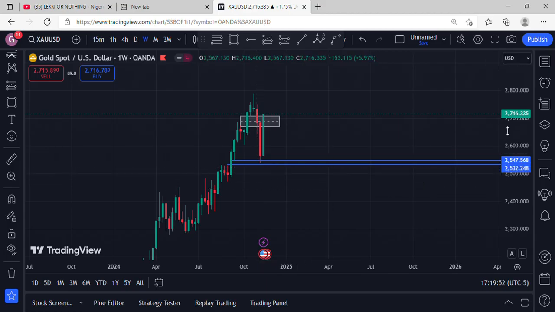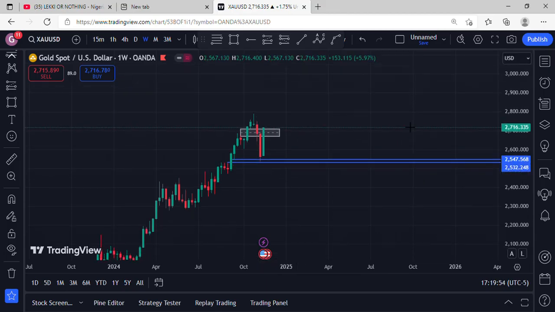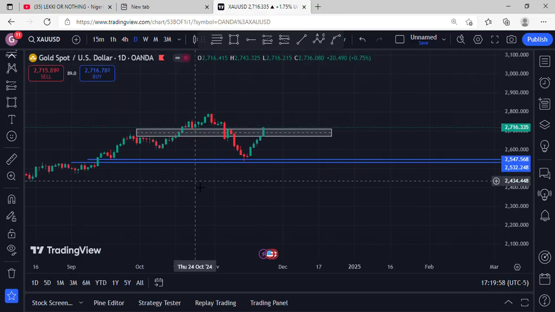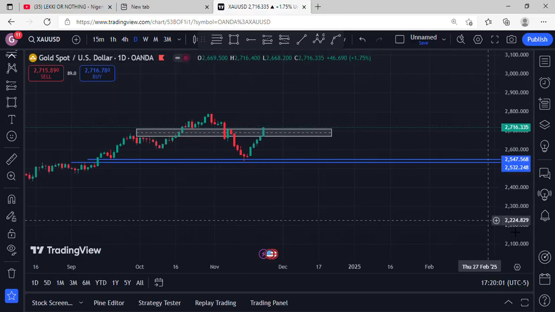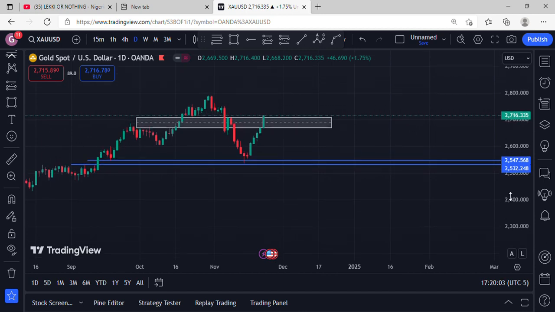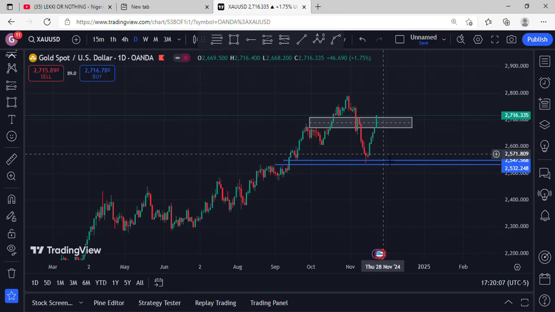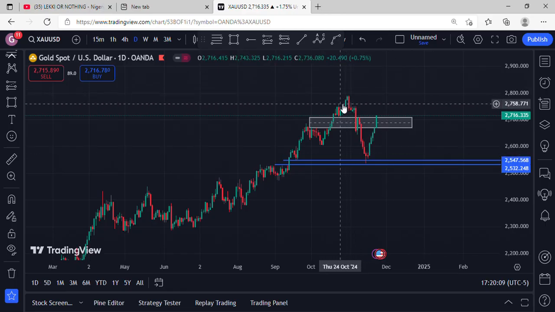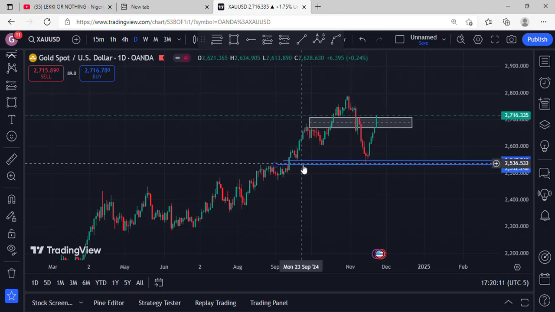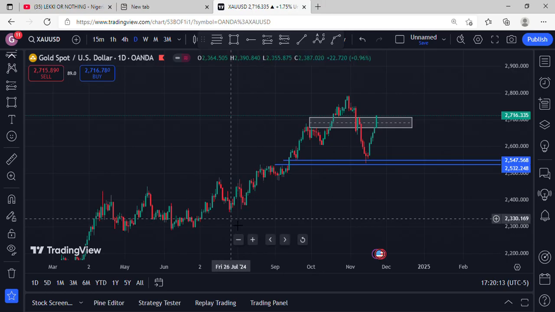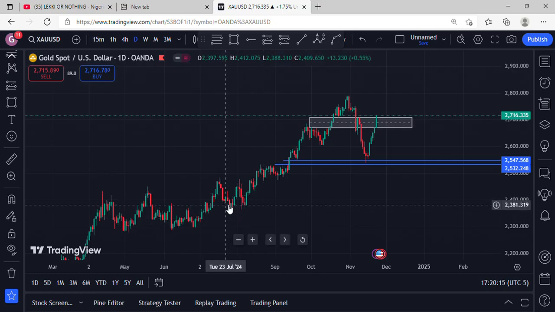Great. And so going into the daily, you see that this high has taken liquidity to the left, and then over here this low has taken liquidity to the left as well.